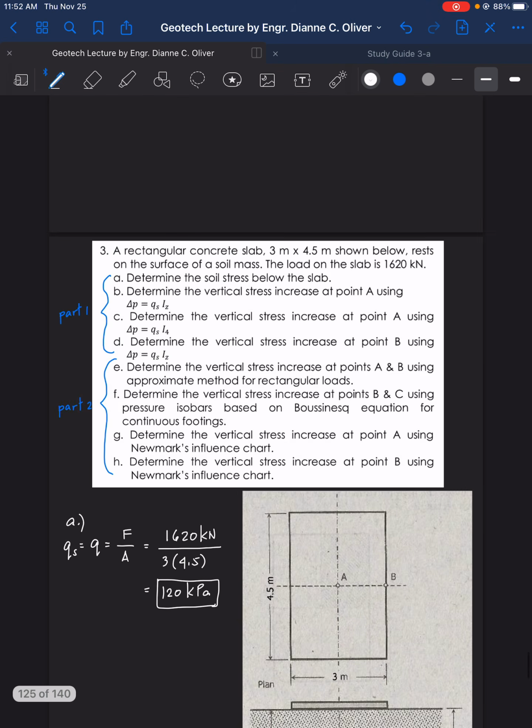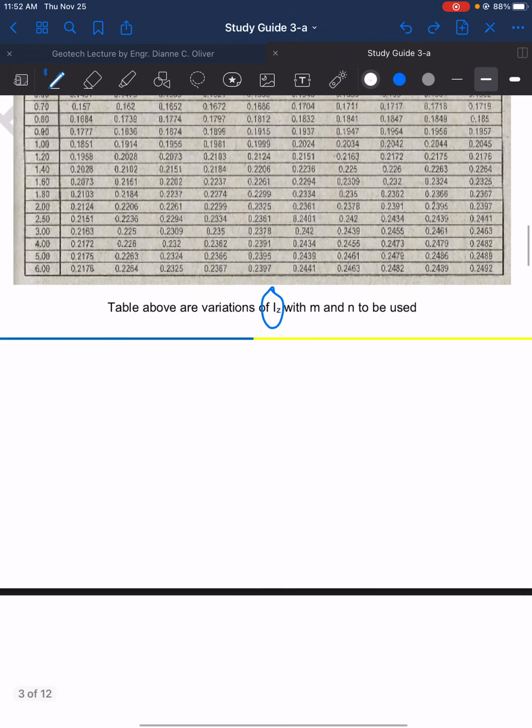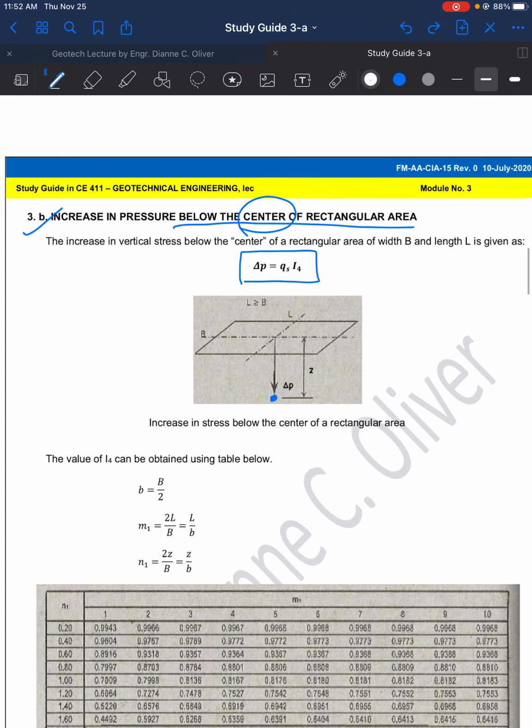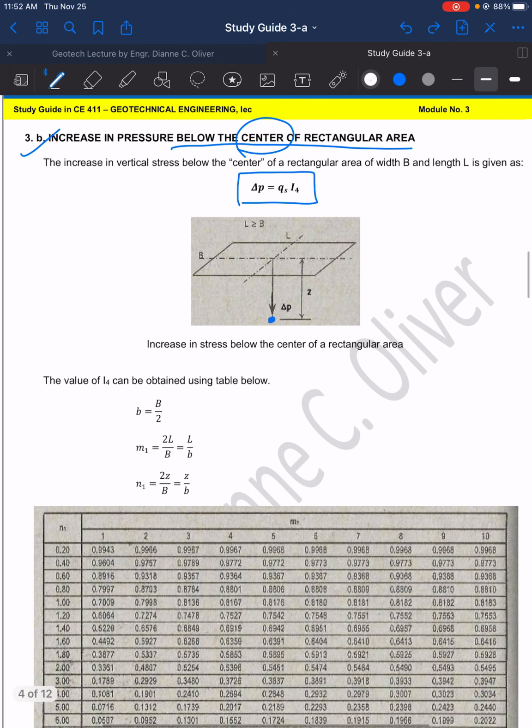Next, question C. Determine the vertical stress increase at point A using delta P is equal to Q sub S, I sub 4. So he wants us to use this 3-B case. Right?